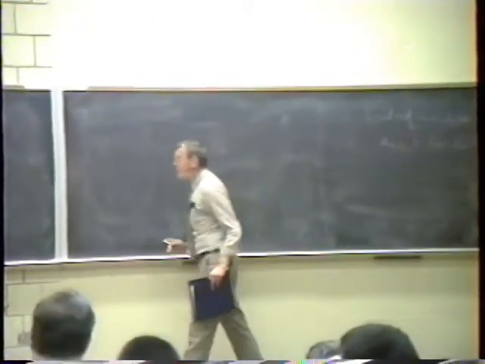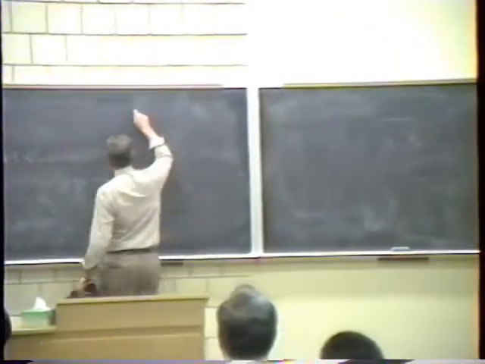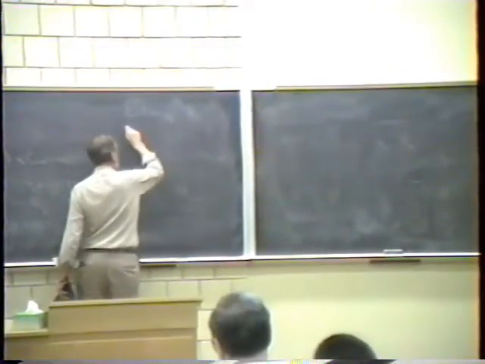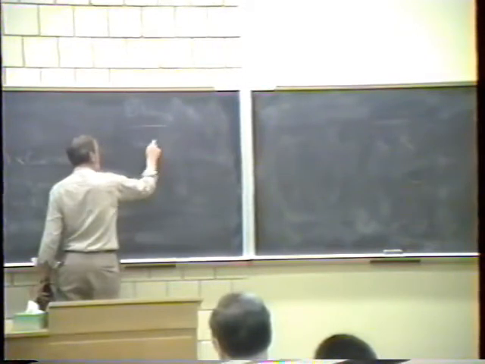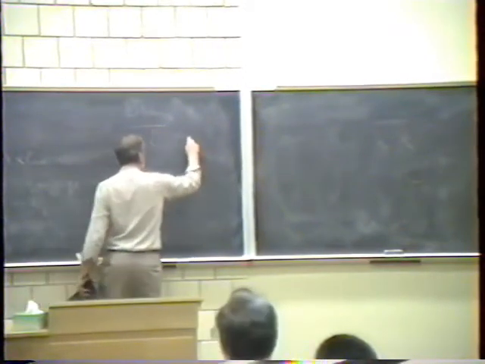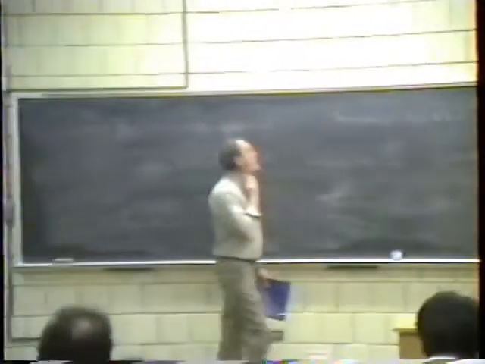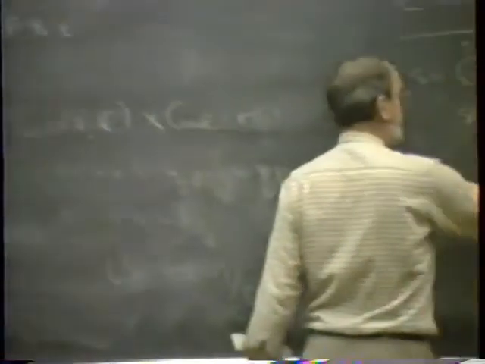Okay, now what about endoscopy in this case? Let me take S in the group G hat, which is GL3C. So let me take a semi-simple element in here, so S is semi-simple, as the letter suggests.